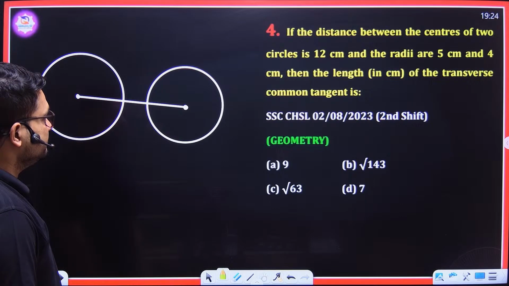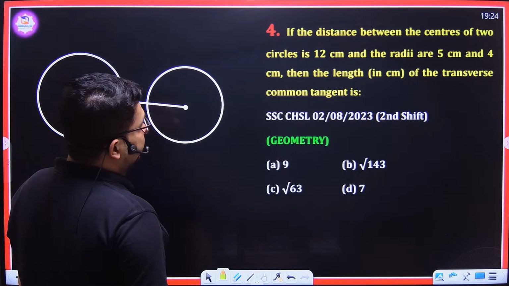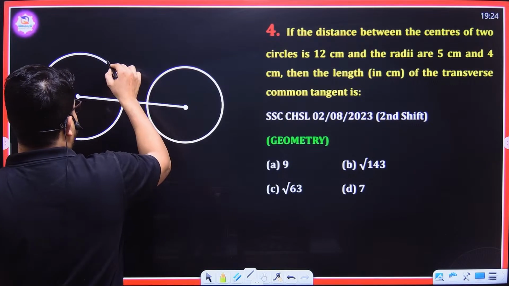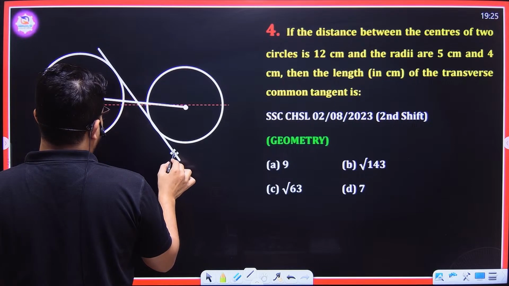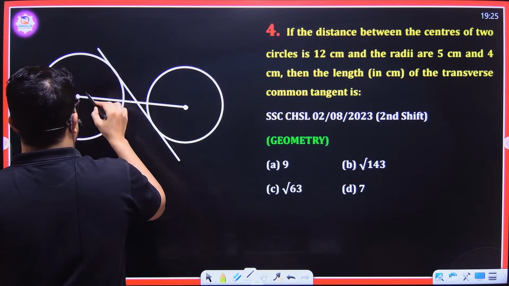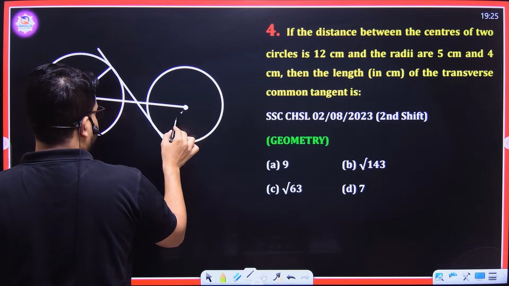See, the distance between the centers is 12, and the radii are 5 centimeters and 4 centimeters. This one is my transverse common tangent. This one is my radius, and this one is my radius.